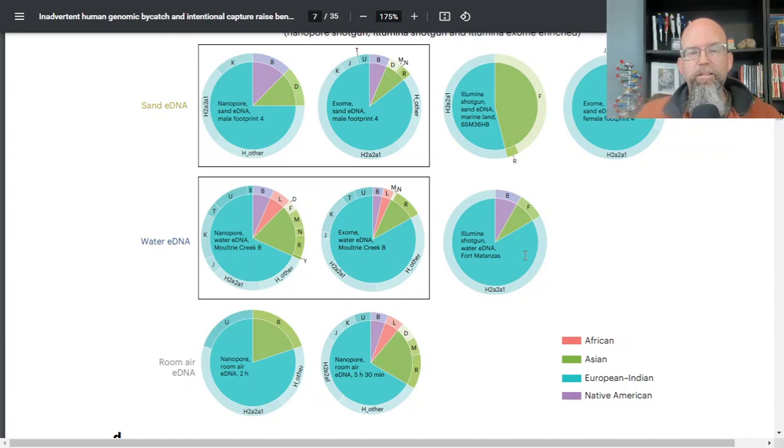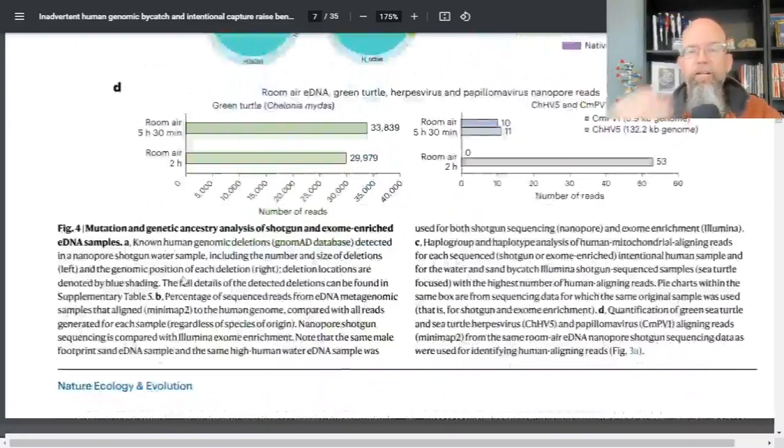Depending on what particular mutations you have in your mitochondrial genome, you can be traced in terms of your history on the maternal side. And so you can break it down: there are particular mitochondrial genomes that are in African lineages versus Asian versus Native American and so forth. And here are their pie charts from the sand, from the water, from the room, and so forth. So showing that, yes, we can capture that kind of information.